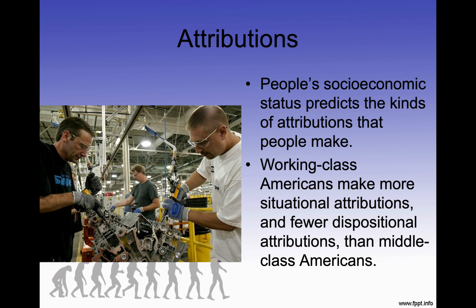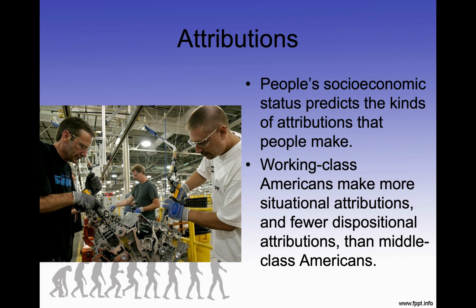Situational: he got in the fight because he was drunk. That's something a working class person might say, but in the same situation, a middle class person might say something like, he's a drunk and therefore he got in a fight. So he's always getting drunk and he's always fighting.